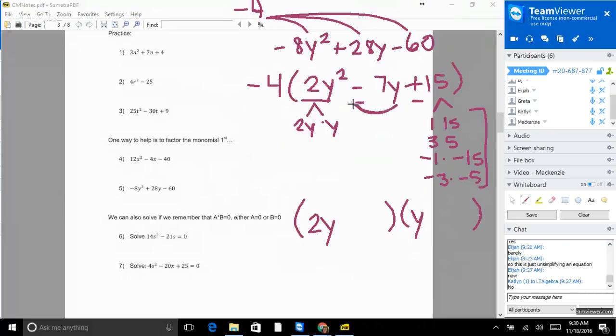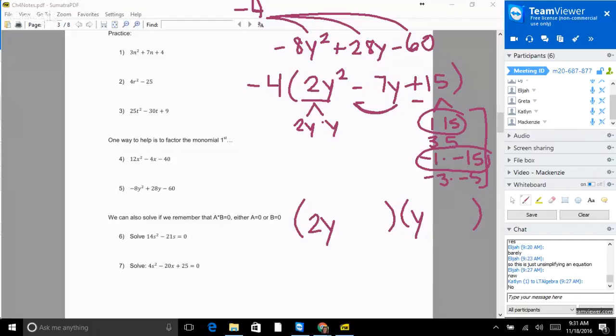And now I have to figure out what combination I'm going to put in here to get an outside-inside term of 7. So usually to get an outside-inside term, let's see. Usually you don't want to go with the really big numbers unless you have an outside-inside term that's really big, because dealing with 15 is going to be hard to make 15 turn into -7y.